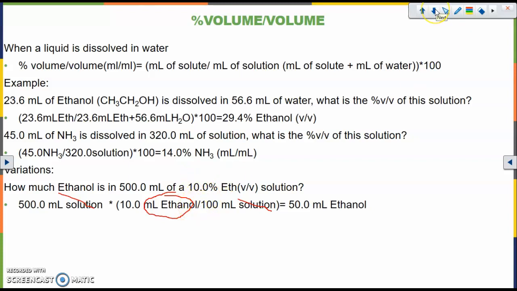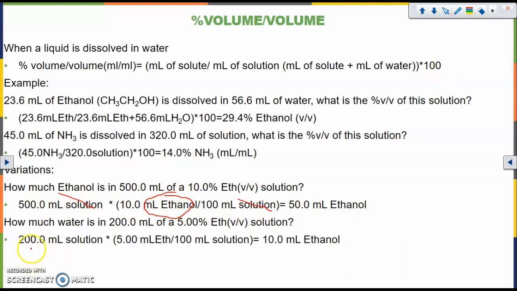All right. Another variation is trying to find how much water is actually in a solution. So here we go. How much water is in 200 mils of a 5% volume ethanol solution? Again, the first step is similar to what you've had before. So again, the mils of solution cancel.